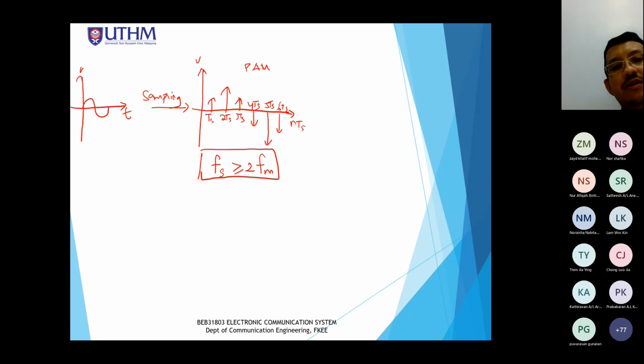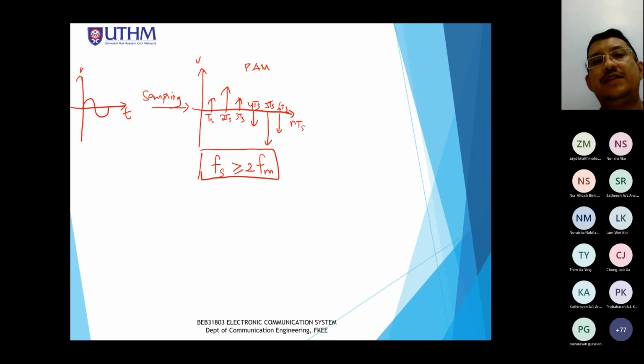Nyquist said that we cannot sample at less than 2 FM, otherwise it is going to produce aliasing, which is the overlapping of the sampled signal in the frequency domain. If aliasing happens, it is going to cause a big problem, as the receiver will be unable to differentiate between one sample and another sample. So we need to sample at least 2 FM, 2 times the highest input message frequency.